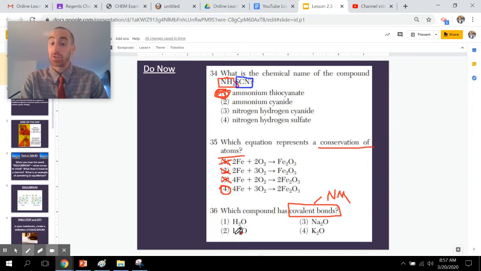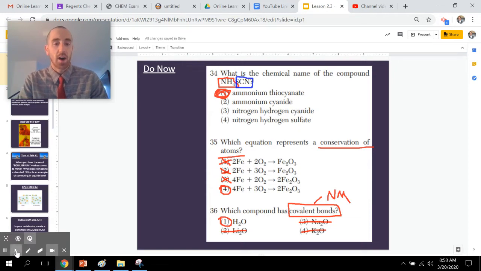Lithium and oxygen: lithium's a metal, oxygen's a non-metal. That is ionic. Sodium is a metal, oxygen is a non-metal. That's ionic. Potassium is a metal, oxygen is a non-metal. That's ionic. So number 1 is going to be H2O. Hydrogen is a non-metal, oxygen's a non-metal. When they bond, it is covalent. All right, there's your do now.